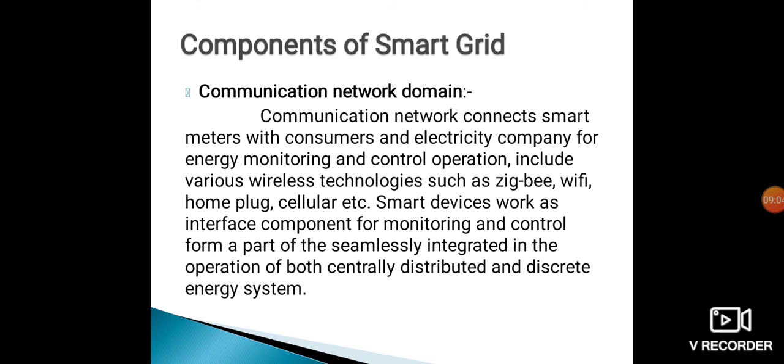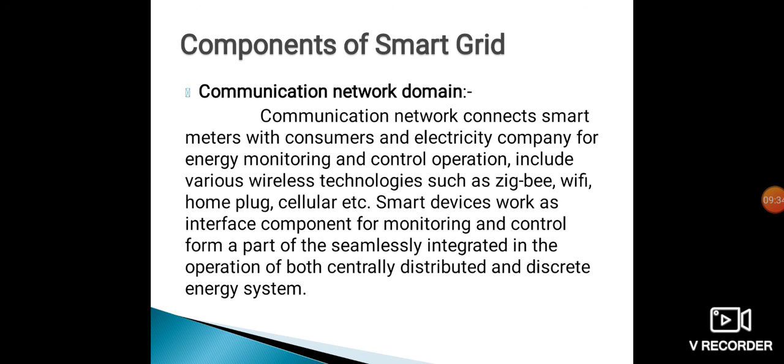Next is communication network domain. Communication network connects smart meters with the consumers and electricity company for energy monitoring and control operation, and includes various wireless technologies such as Zigbee, Wi-Fi, home plug, cellular, etc. So as I have mentioned, the conventional grid becomes a smart grid with a feature called communication.